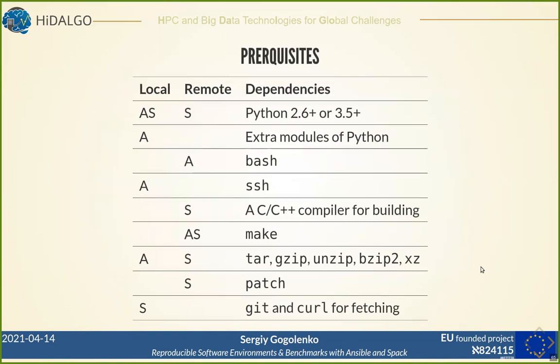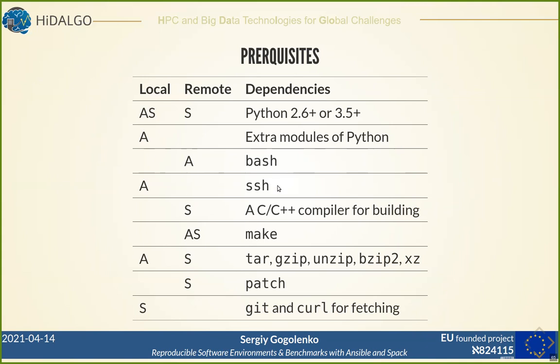Now, when we want to combine Ansible and Spack, we will have the following list of dependencies, to be honest, with this approach. For local machines, we will need Python with some extra Python modules in order to install both tools.